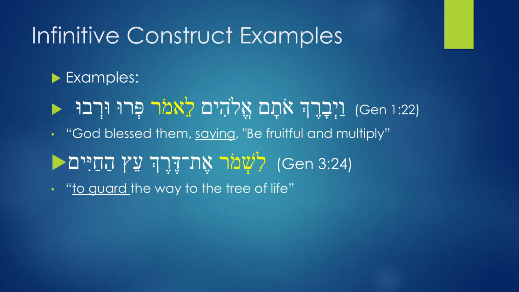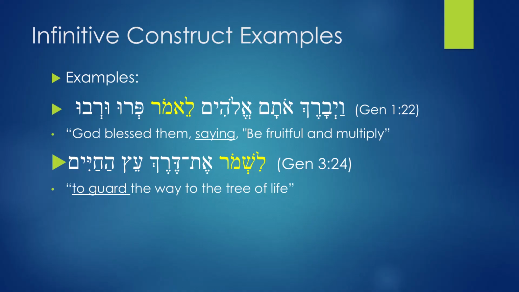So, and God blessed them to say, peru uvu. Peru means be fruitful. Uvu means and multiply. So, and God blessed them to say, be fruitful and multiply. Lemor means to say, and God blessed them saying, or to say, be fruitful and multiply. So that's how you're going to translate that one.